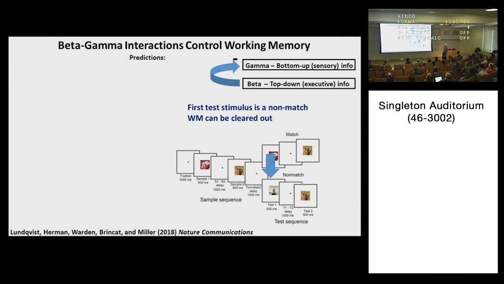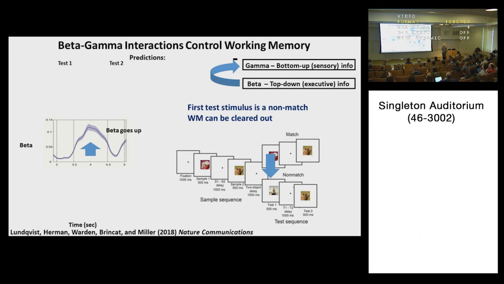The prediction is that if the first test stimulus is not matched, the monkey can clear out working memory. Beta should go up. And it does. Here we're looking at time on the x-axis, beta burst rate on the y-axis, and these two squares are the first test stimulus and the second test stimulus, and where the beta is going up is the delay between these two test stimuli.